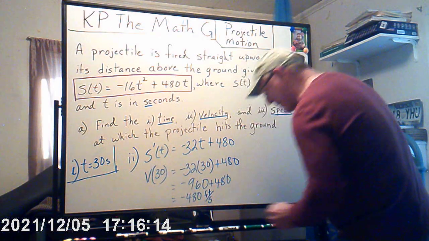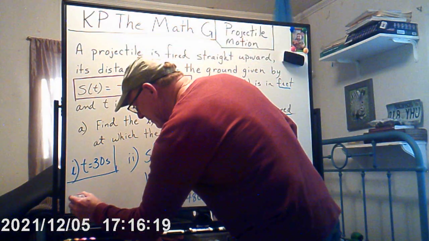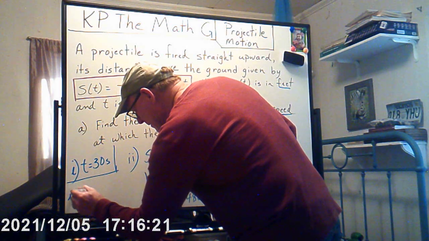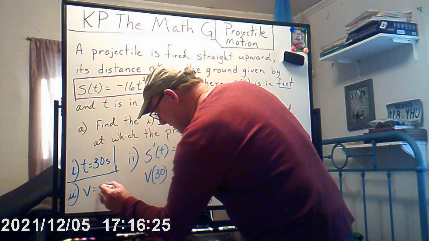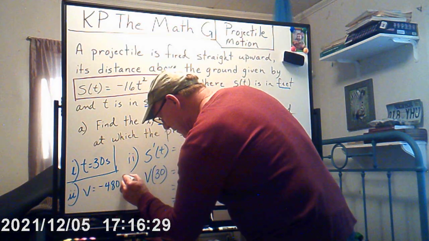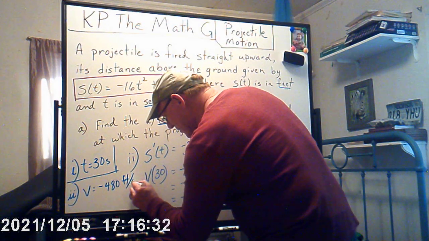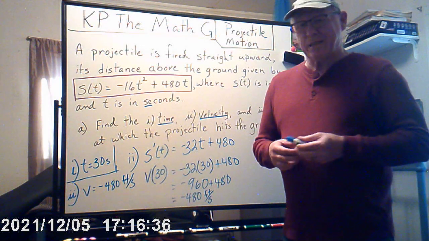So on number 2, part i, v is equal to negative 480 feet per second.